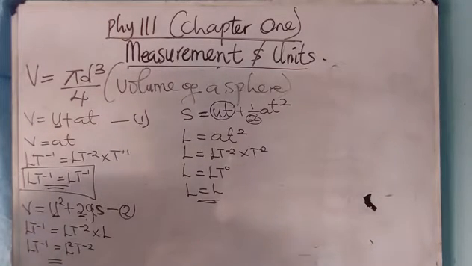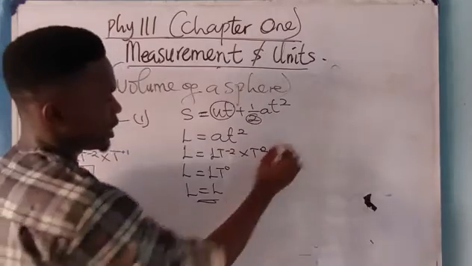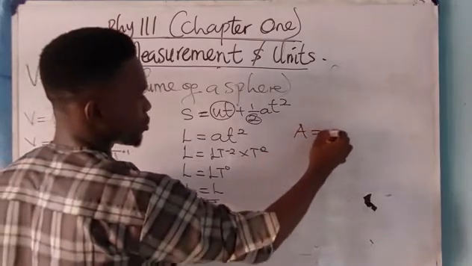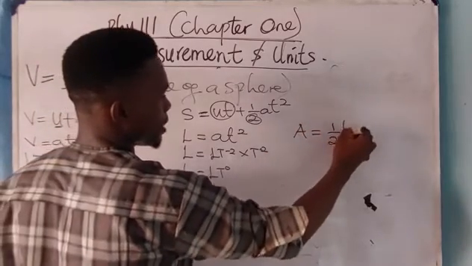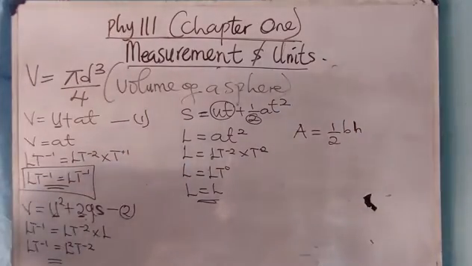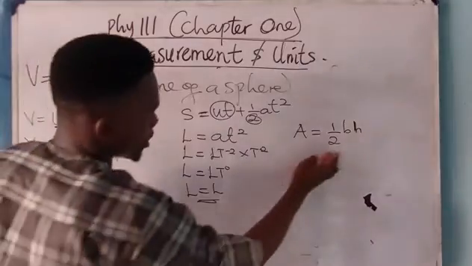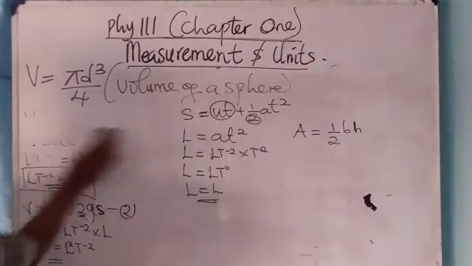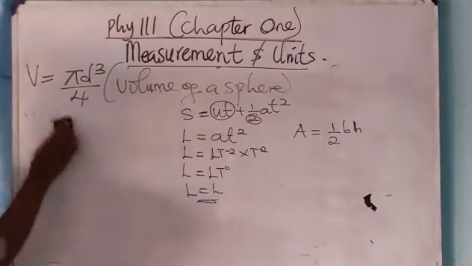So is there another one I have to prove? Okay, let's prove that the area of a triangle is half base times height. Let's prove that A equals what we have on our right hand side. How do we prove that?